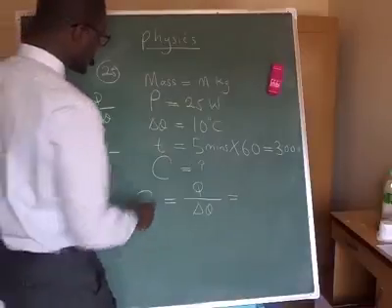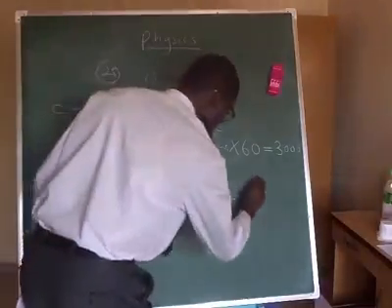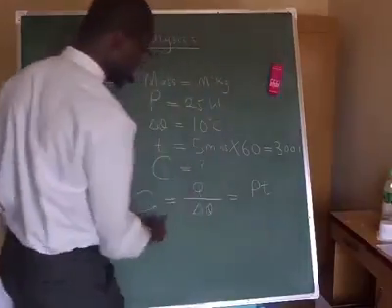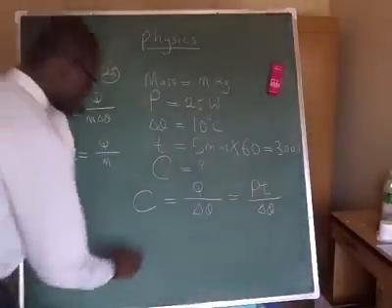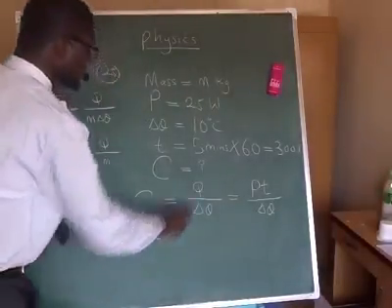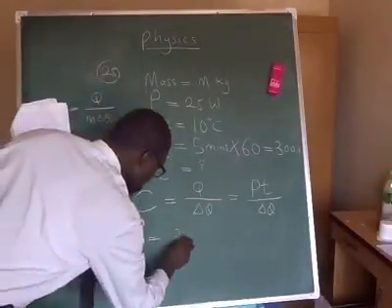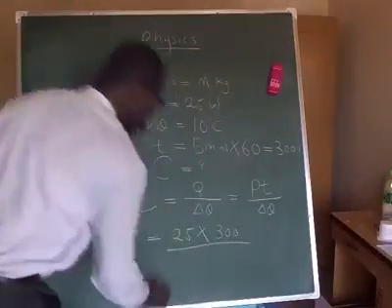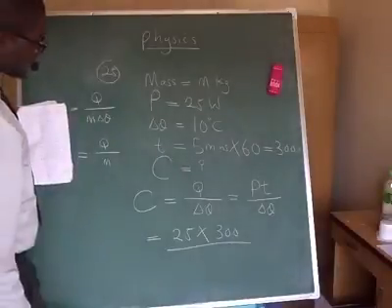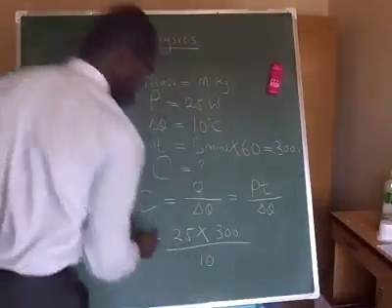So in this regard, when we multiply P and T, we have our energy, which is the same thing as Q, over change in temperature. So my heat capacity is my power, 25, multiplied by my time, 300, all divided by change in temperature, 10.